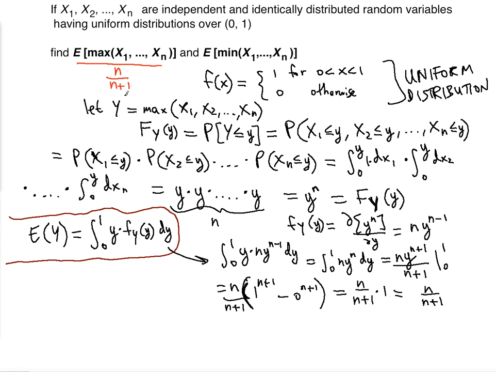We just found that. What about the min? With the min, you would go with a much harder integral, so there's a shortcut. The expected value of the min is actually 1 minus the expected value of the max that we just found.